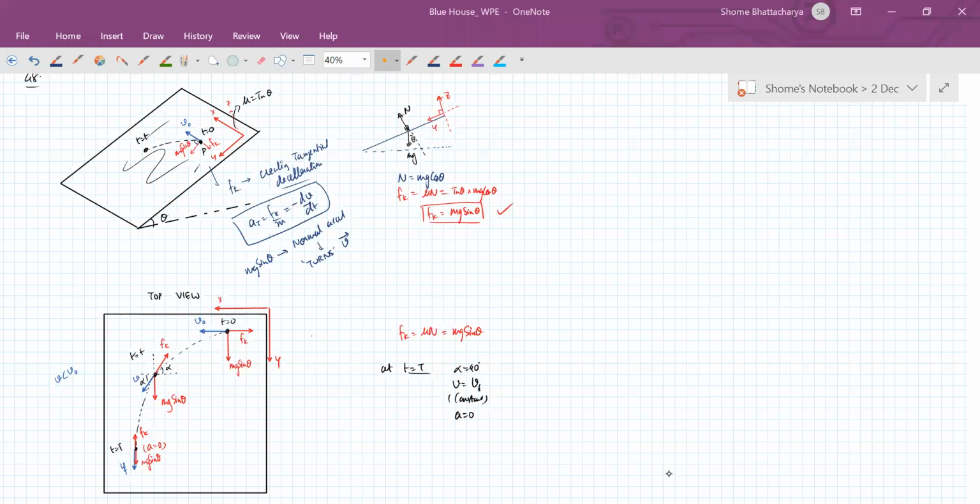Anytime there is a component of acceleration which is perpendicular to velocity, or a force which is perpendicular to velocity, in a two-dimensional motion, the path is curved.